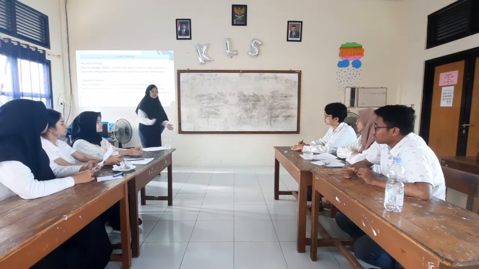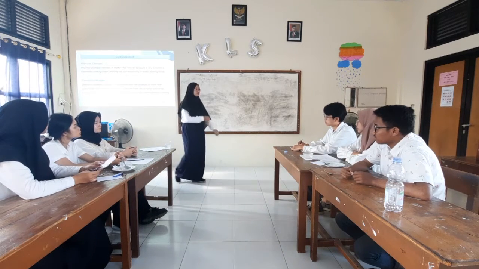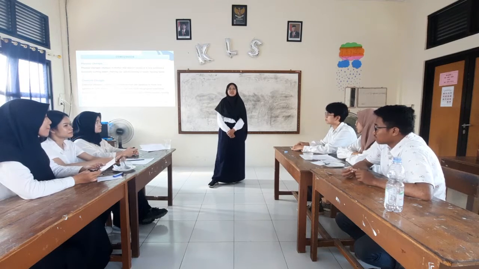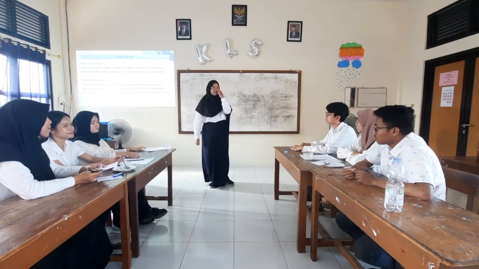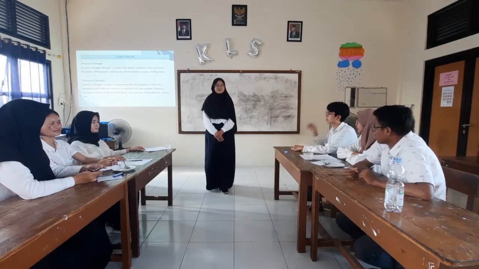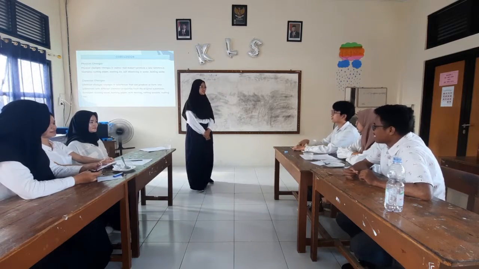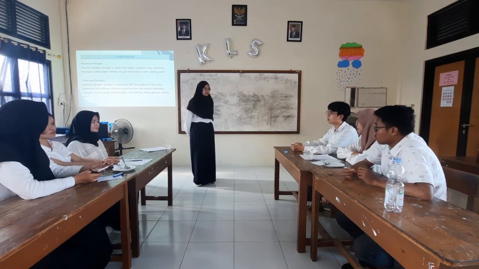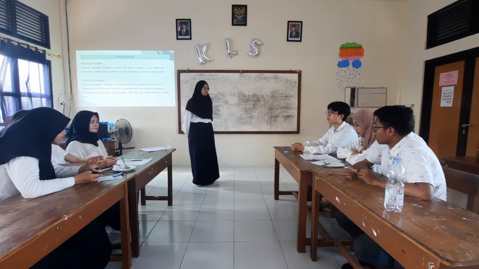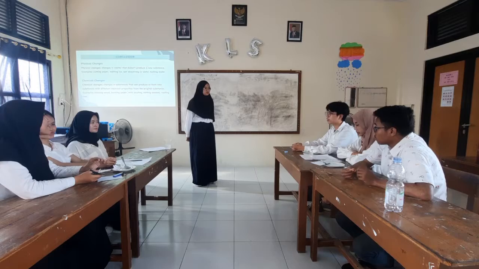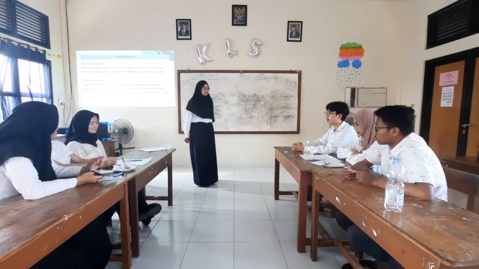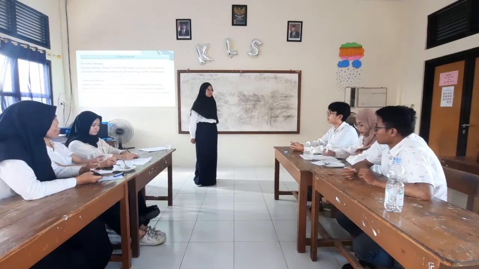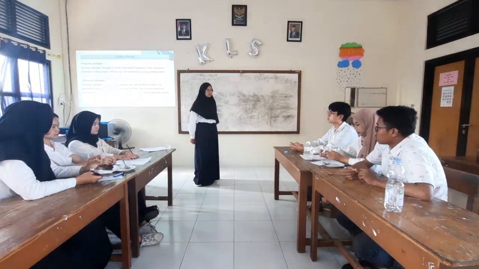Now, who wants to give a conclusion for the material that we have learned today? Yes. Physical change is the change of matter that doesn't form a new material. Examples of physical change are cutting paper, boiling water, and melting ice.